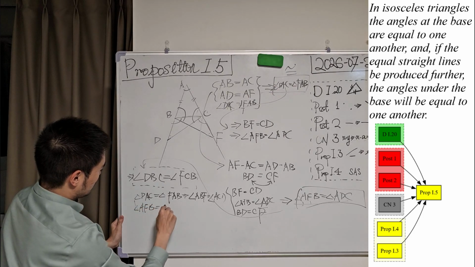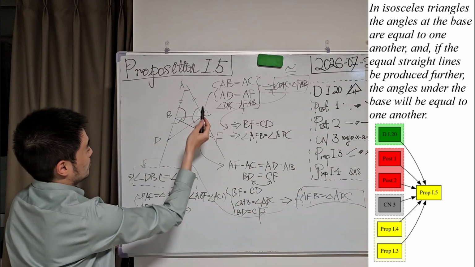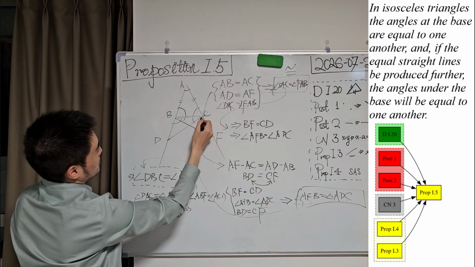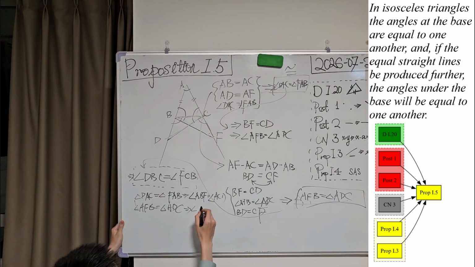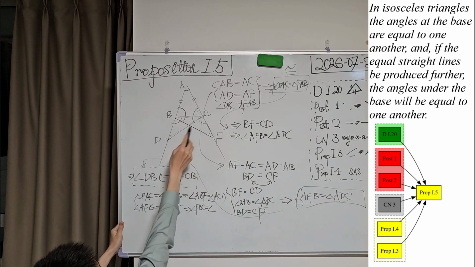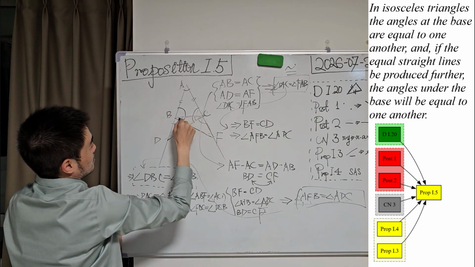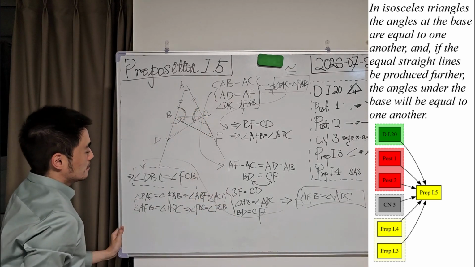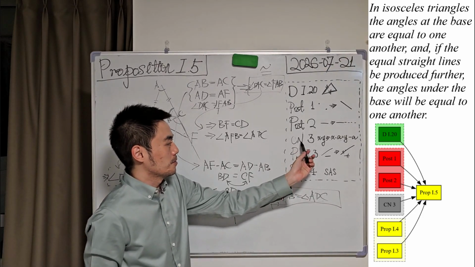And look at another pair of equal triangles. AFB equals triangle ADC. Then we have what? We have this angle equal to this angle because these two triangles are equal. Okay, so we have angle FBC is equal to angle DCB here. They are equal and they are equal. And then please also use common notion 3.